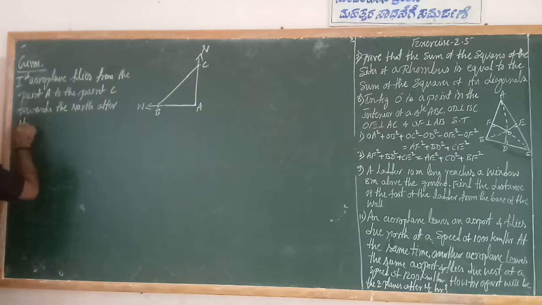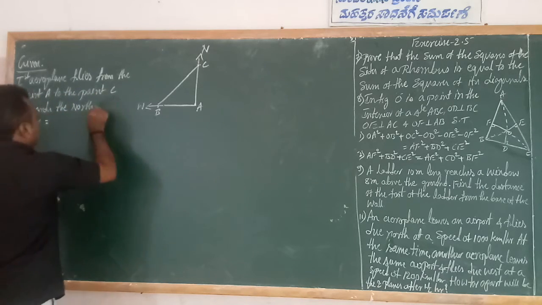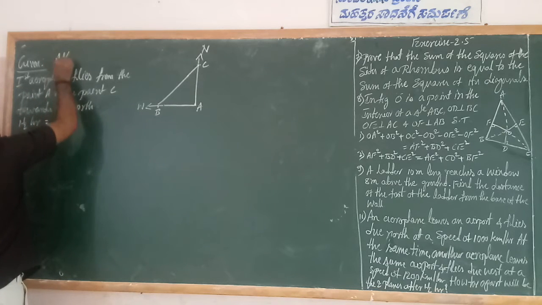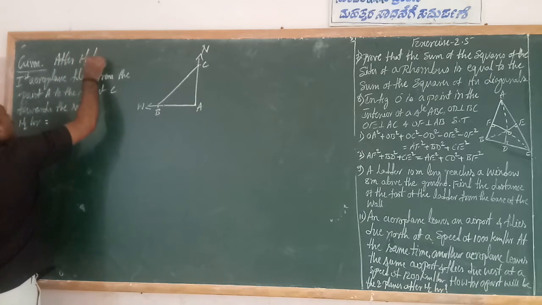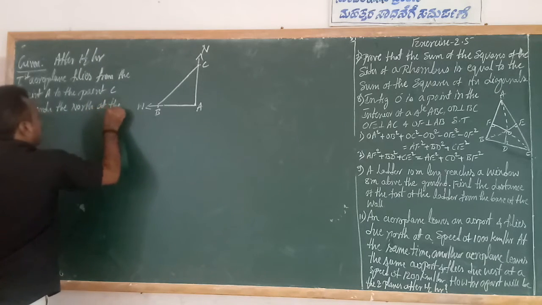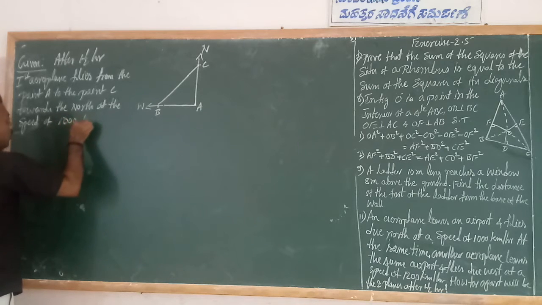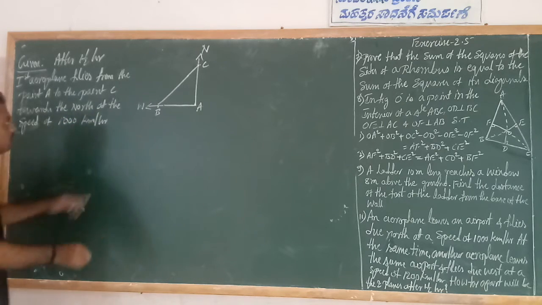After 1.5 hours, it is equal to how much? The aeroplane flies from the point A to the point C towards the north at the speed of 1000 km per hour. The first aeroplane speed is 1000 km per hour.